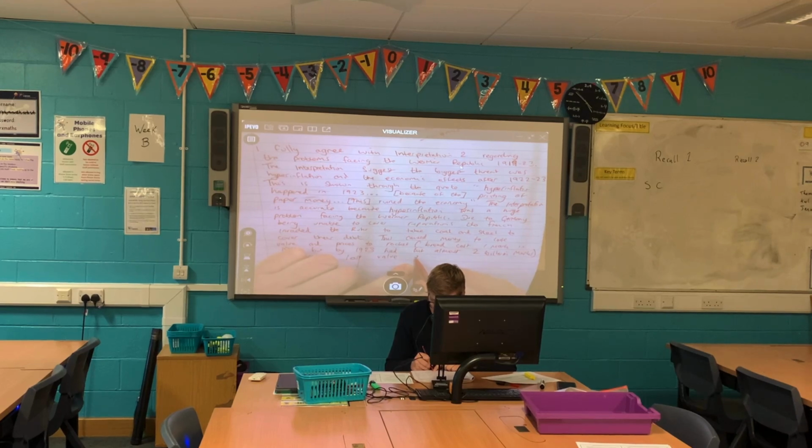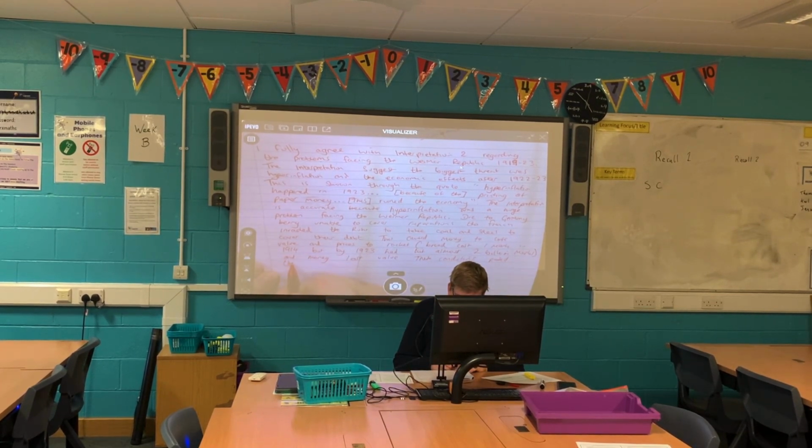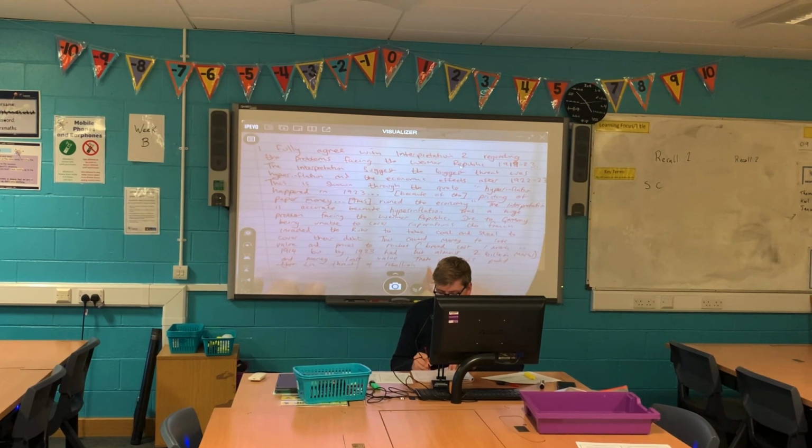So we're just going to add there, these conditions pose the threat of rebellion from the left and right in Germany. Full stop.